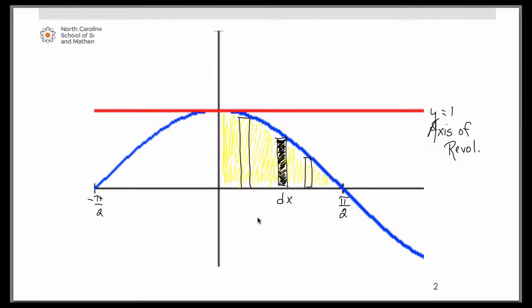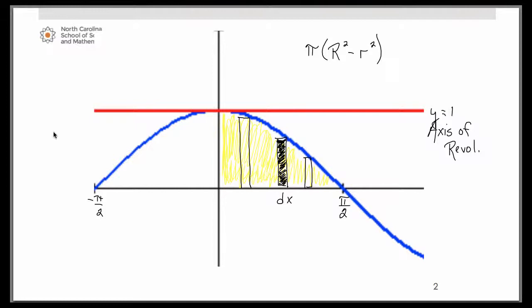Okay. So if you think of the formula that we're going to build our definite integral off of, it's going to be pi times big R squared minus little r squared. So big R is the distance from the axis of revolution at y equals 1 to the far side of your representative rectangle.